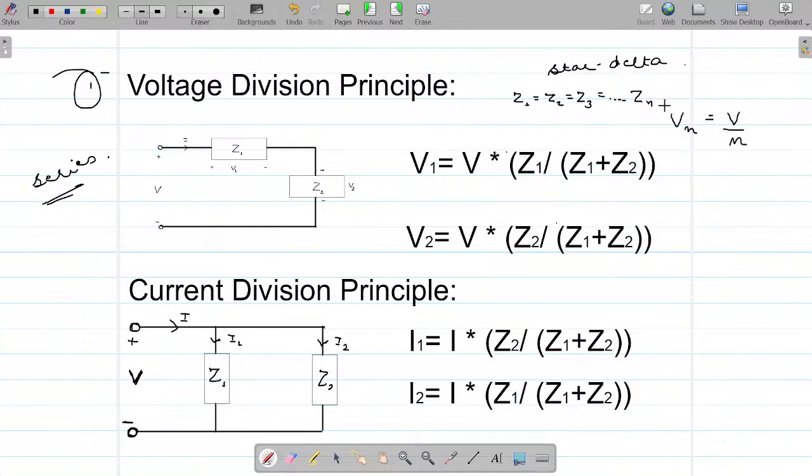What are the total number of impedances in our hypothetical question? There are n impedances. So can I write it as Z upon n times Z? So it will be 1 by n times V.